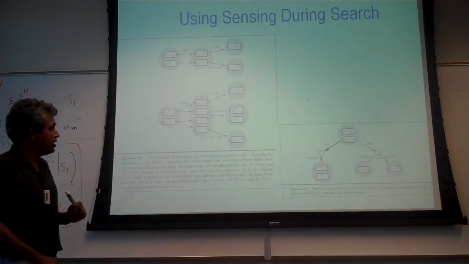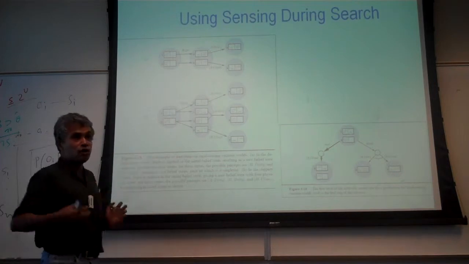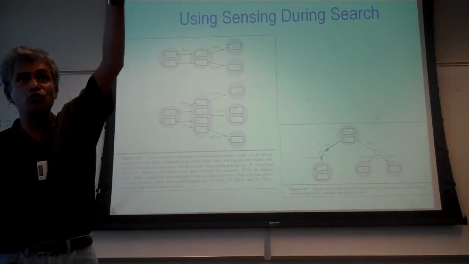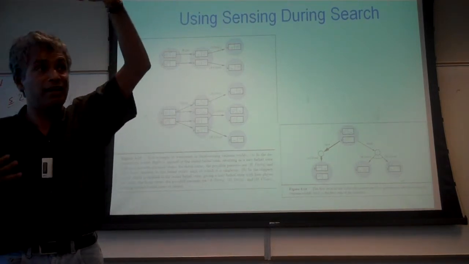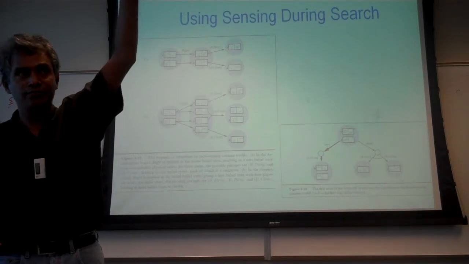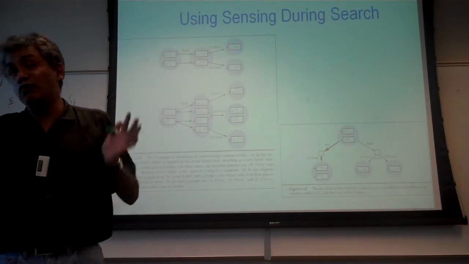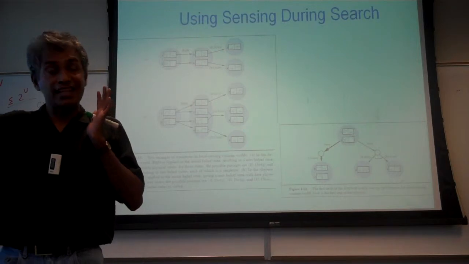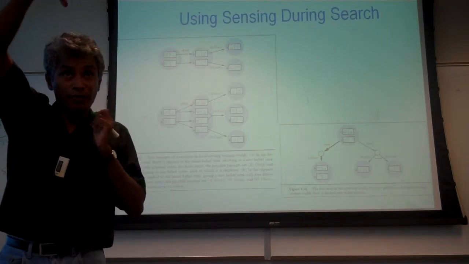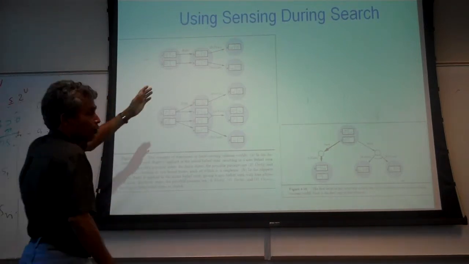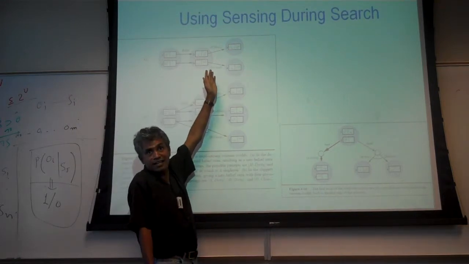So after you do this sensing action, your belief state would get partitioned into 2 belief states, and you will know which one you are in at the time of execution. But right now I still don't know, because I'm thinking planning right now.